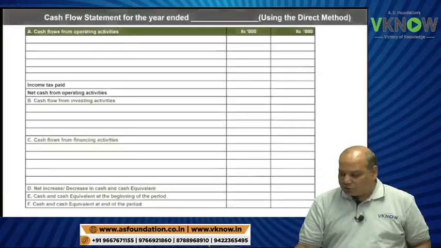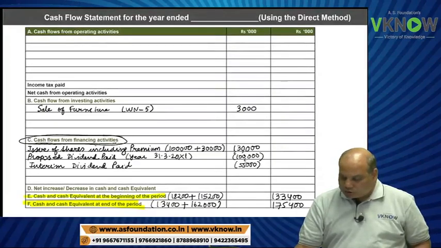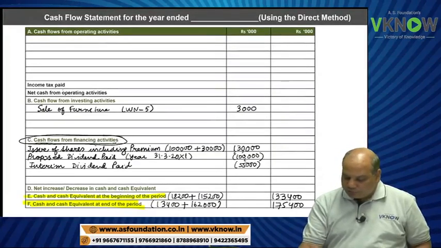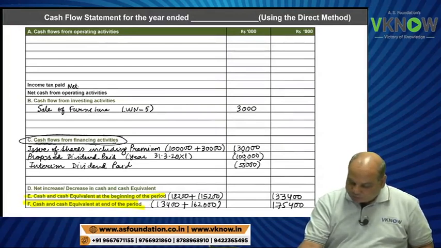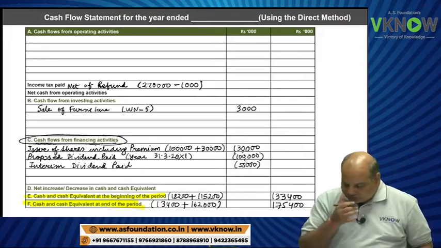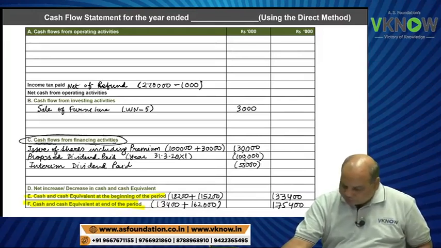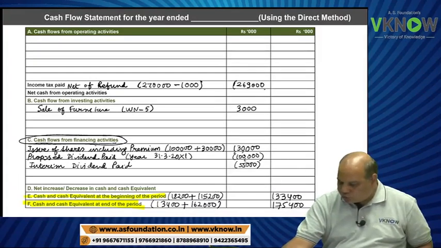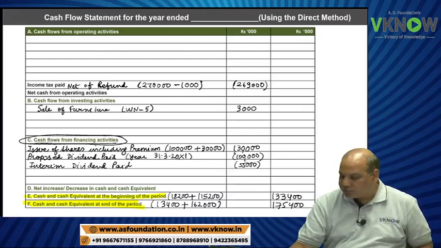So we are now going to cash flow from operating activity, income tax paid, net of refund: 2,70,000 paid, on the screen operating activity, and 1,000 refund received. So net tax paid 2,69,000.